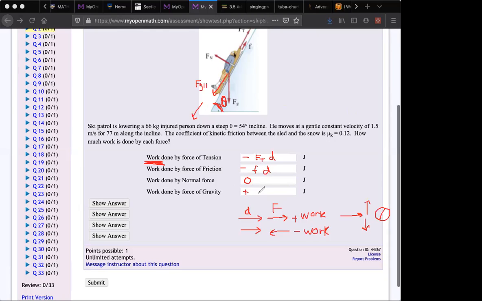This one here is going to be the work done by the force of gravity. Well, the only component of the gravity that points in the direction he's moving is this one. The other one points perpendicular to it, so it doesn't do anything in work. So we have to take FG parallel times distance for this one.